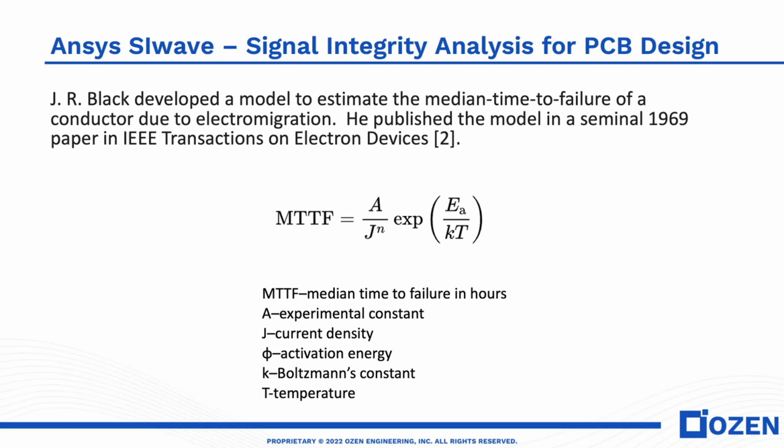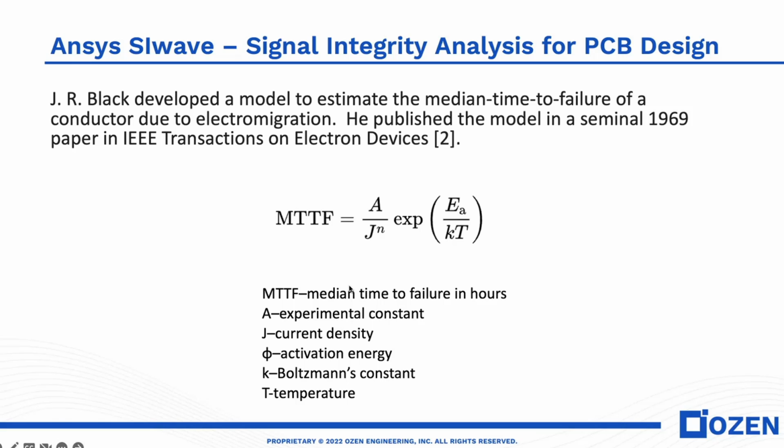In SIwave, there is what we call Black's formulation. So Black developed a model to estimate the median time to failure of a conductor due to electromigration. He published the model in a paper written in 1969, and this is his formulation primarily.